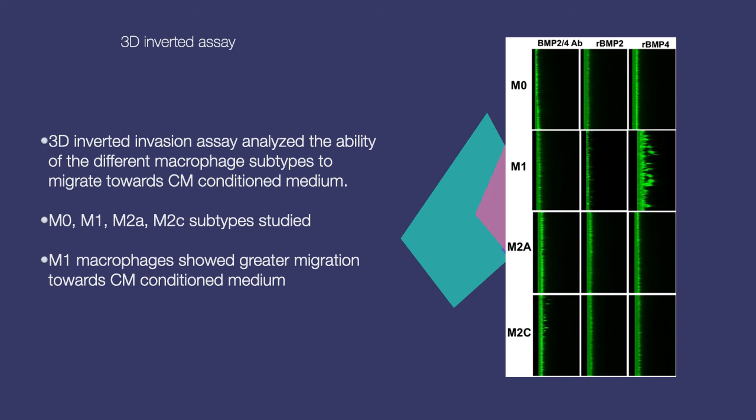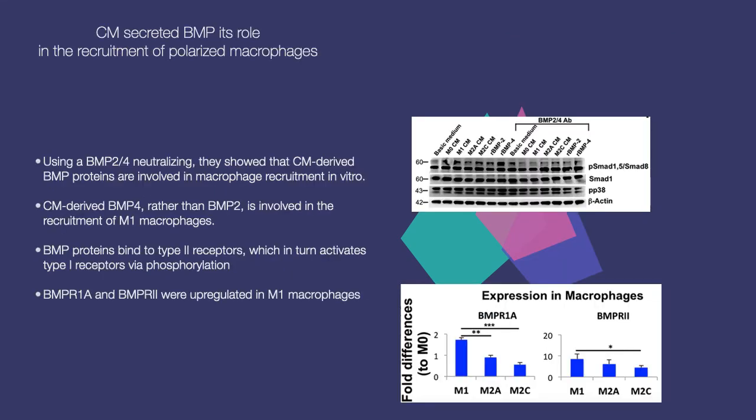And using neutralizing antibodies and recombinant proteins, they were able to show that M1 macrophages showed a greater migration towards the CM, the conditioned media. Again, with the use of neutralizing antibodies and recombinant proteins, they were able to show that cardiomyocyte-derived BMP proteins are involved in macrophage recruitment, at least in vitro.